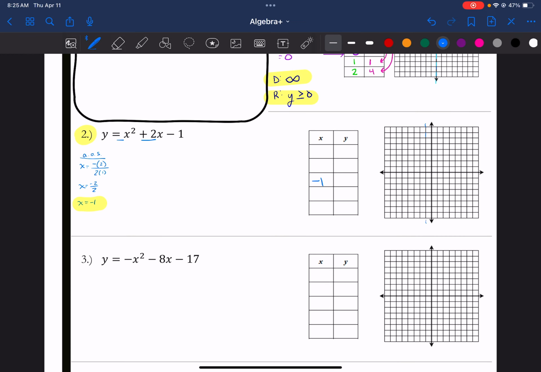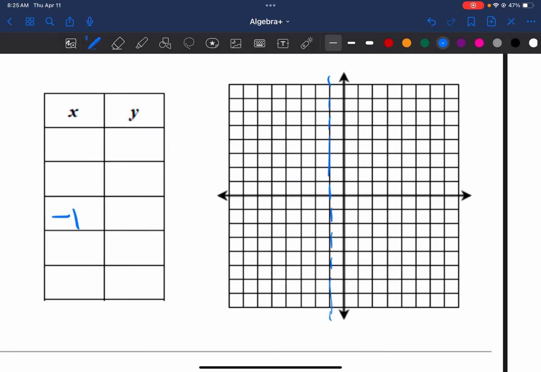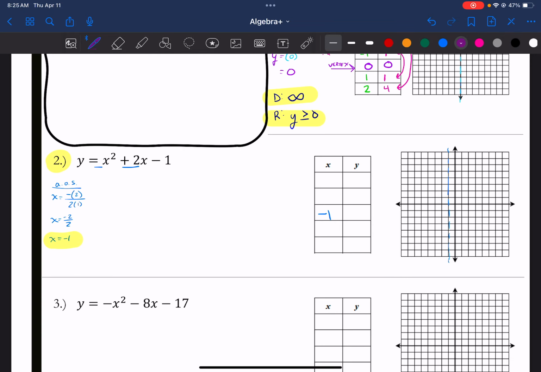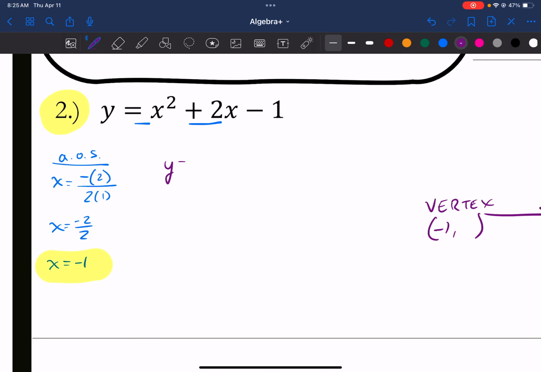So I'm going to put my axis of symmetry onto my graph. I put it in the table as well, right? So my vertex is going to be negative 1 comma something. I'm going to substitute it, so I have negative 1 squared plus 2 times negative 1.